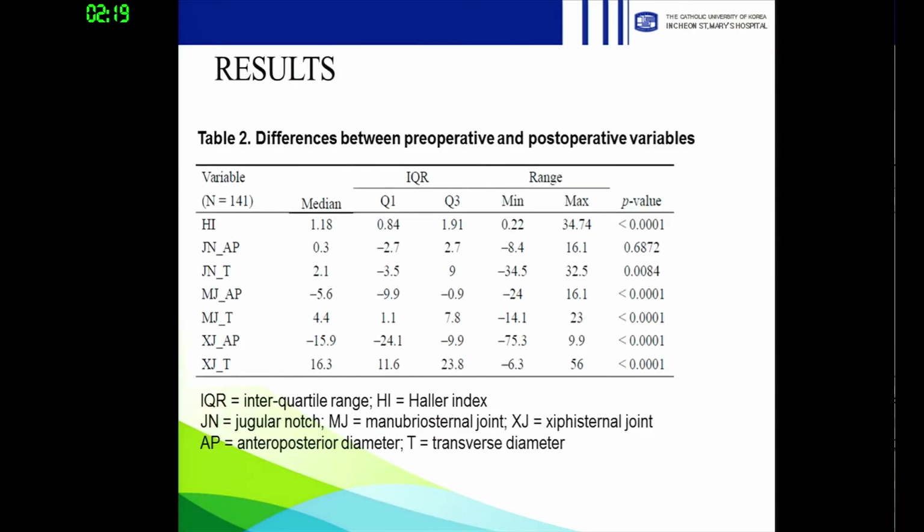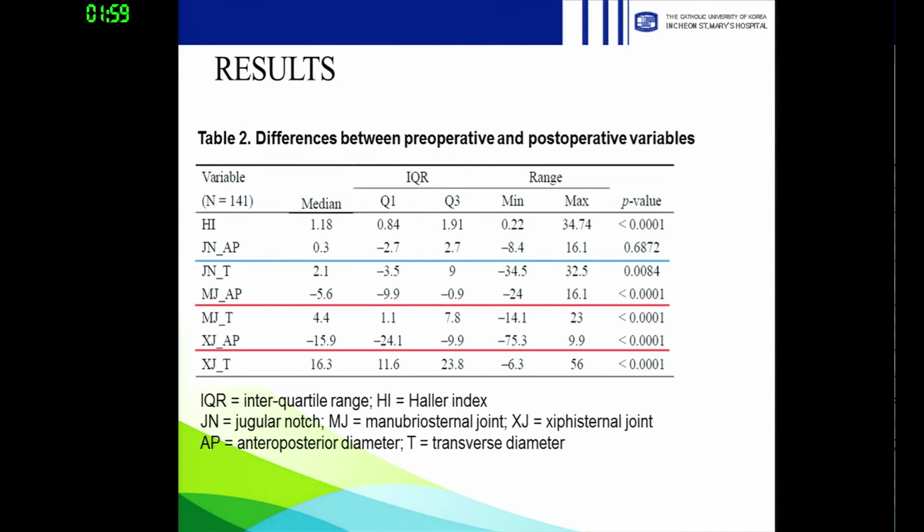The AP diameter at the manubriosternal and xiphisternal joints increased significantly following the Nuss procedure, and postoperative Haller index and T diameter decreased significantly at all three anatomical landmarks. Only AP diameter at the jugular notch was not changed significantly.